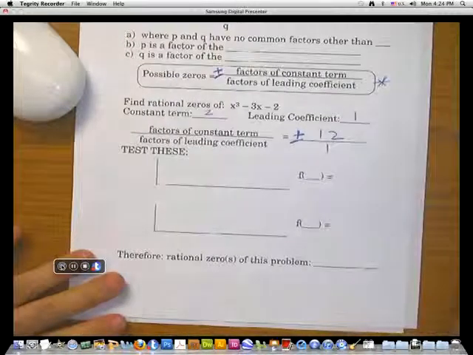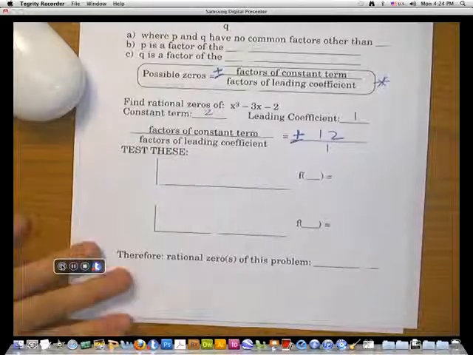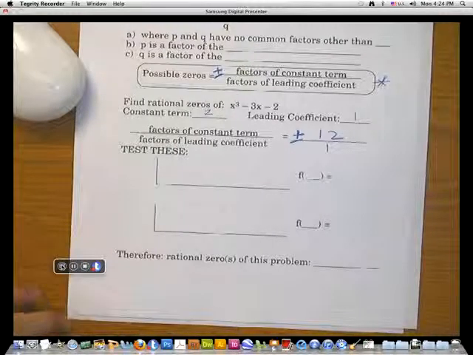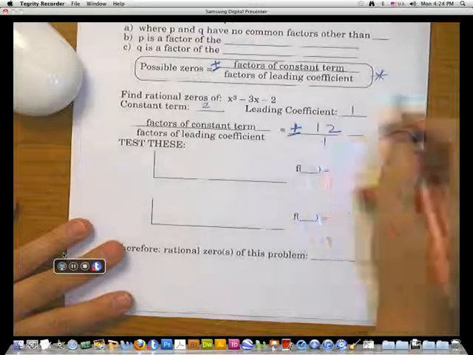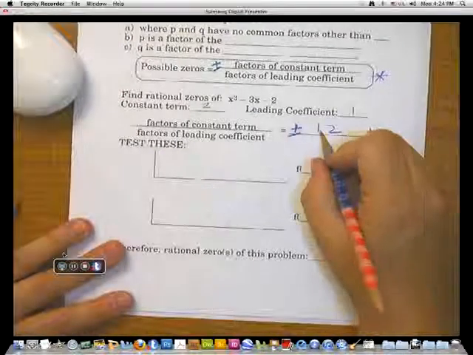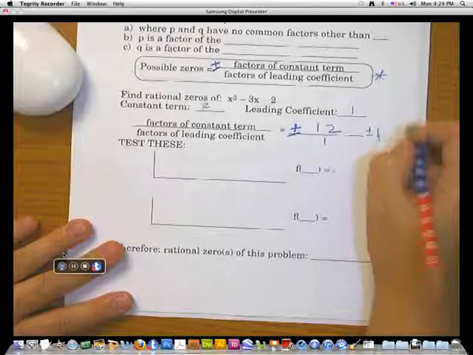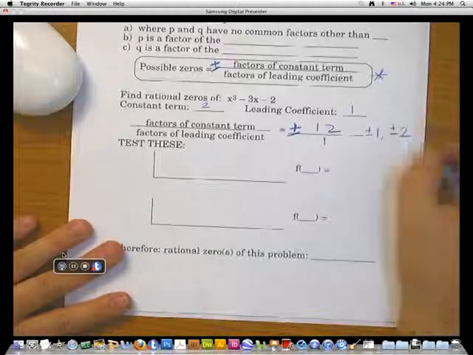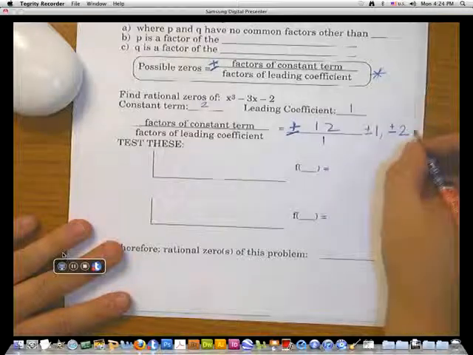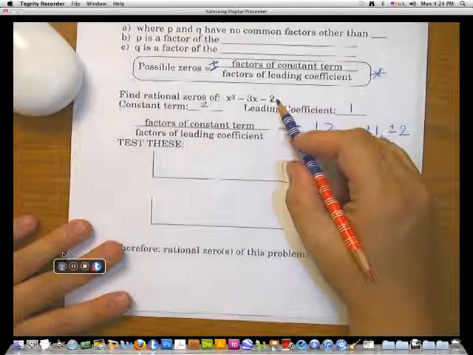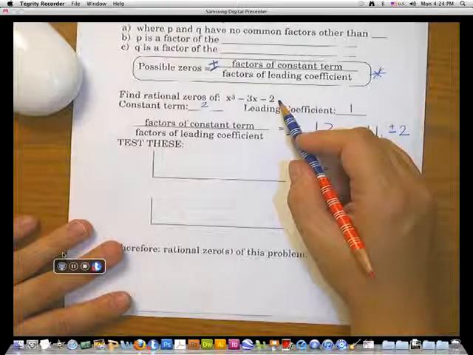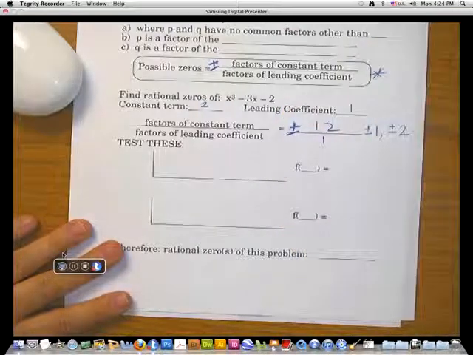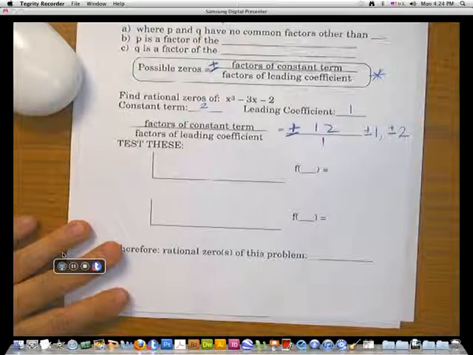So when we're looking at all the possible factors, we're looking at possibilities of positive and negative 1, because 1 over 1, or positive and negative 2. So there are 4 possibilities for real rational zeros.